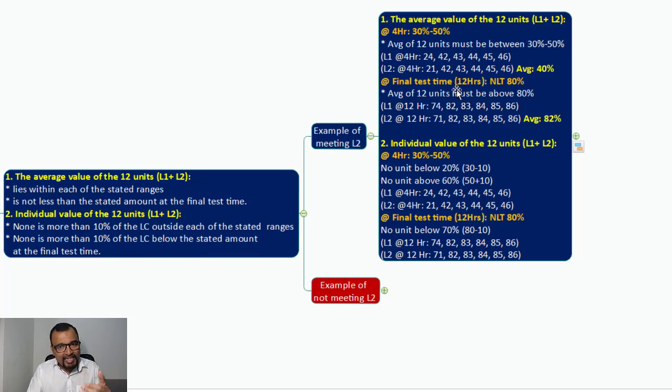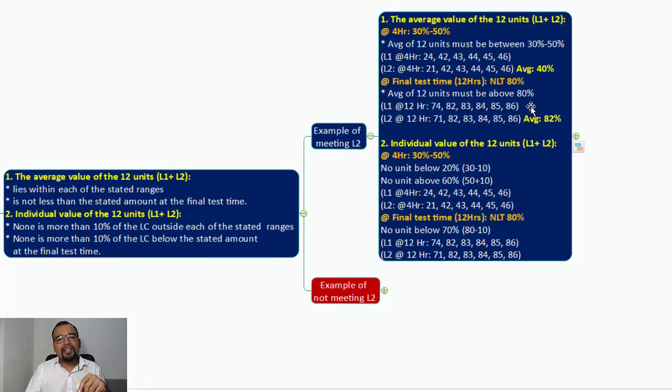And you have tested 6 more units, whose data is 21, 42, 43, 44, 45, 46%. The average of all these 12 is 40%. So please tell me whether you have met the average value requirement. You have absolutely met it, because it is between 30 to 50%.